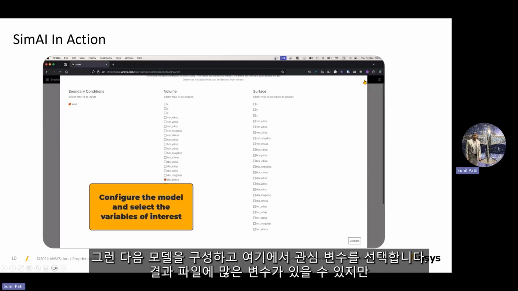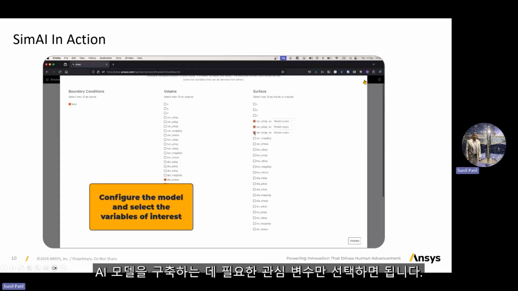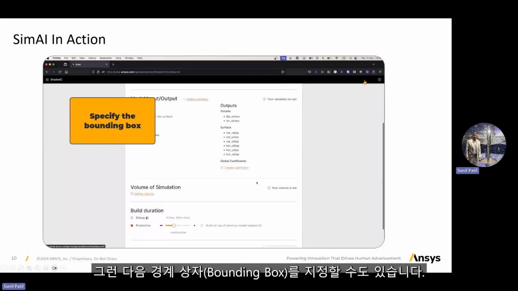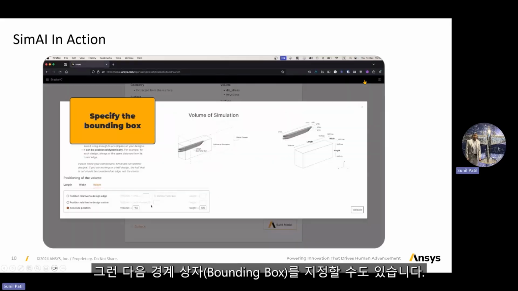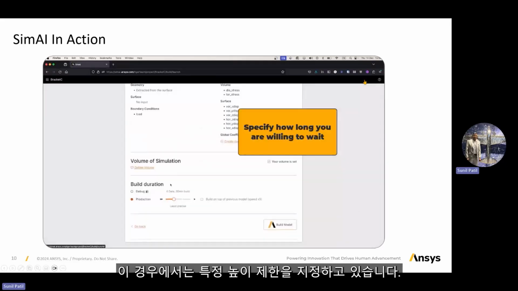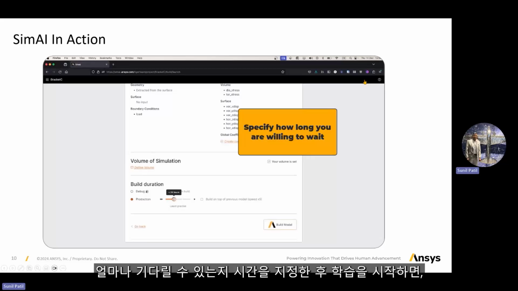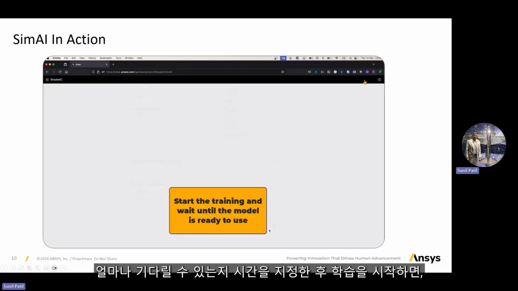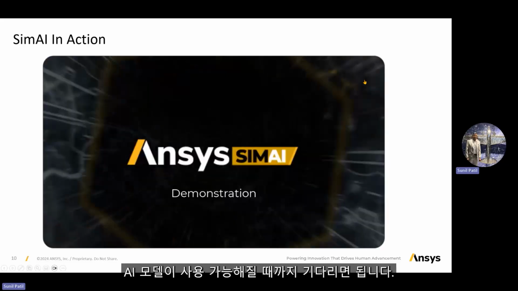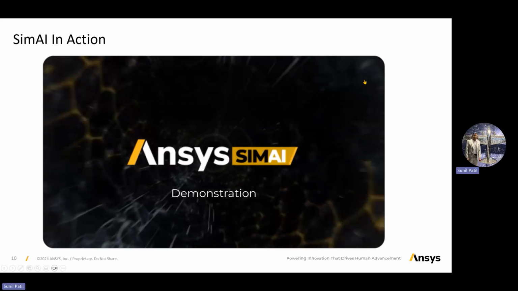Here, you might have many in your results file, but you can just select the variables really of interest for building the AI model. And then you can also specify the bounding box. Here in this particular case, we are specifying some height limits, specify how long you're willing to wait, and then start the training. And you wait until the AI model is ready to use.